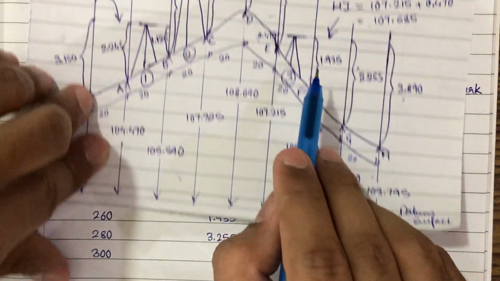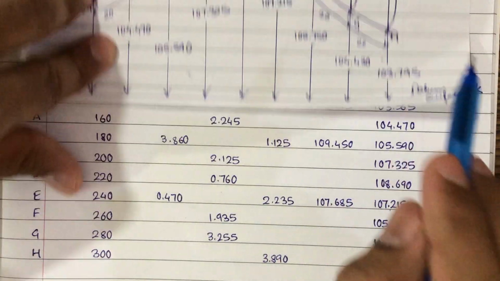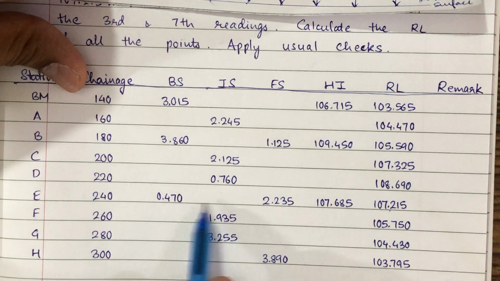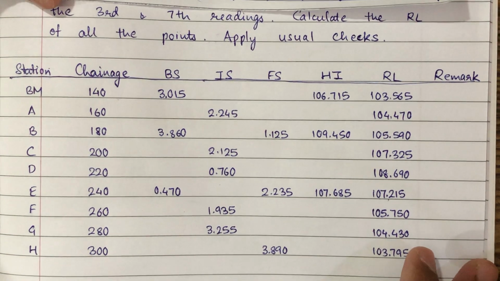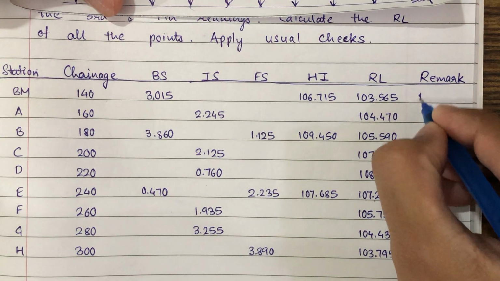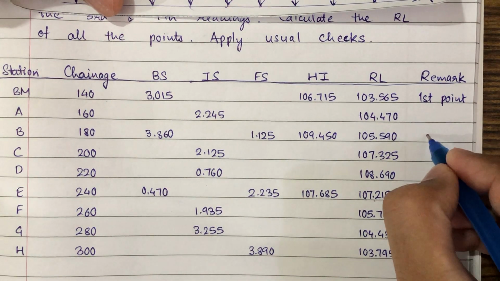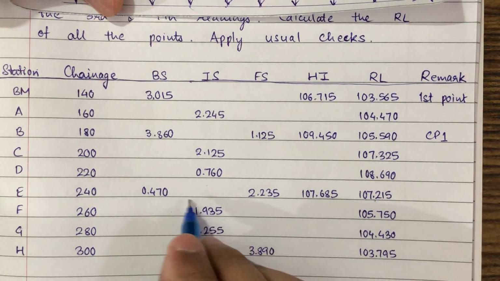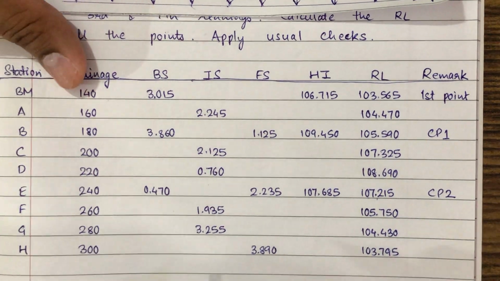Okay, and at the third setup, the HI came out to 107.685. So this is the third setup. Here we have already written 107.685. Okay, and in the remark column we can mention that this is the first point, this is the change point 1, this is the change point 2.